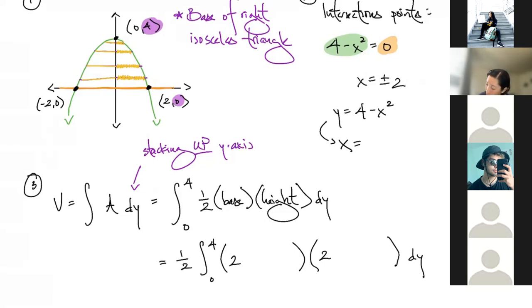All right, so I would have x squared. I could do 4 minus y, and I could say x is the square root of 4 minus y. And in fact, there's a plus or minus.